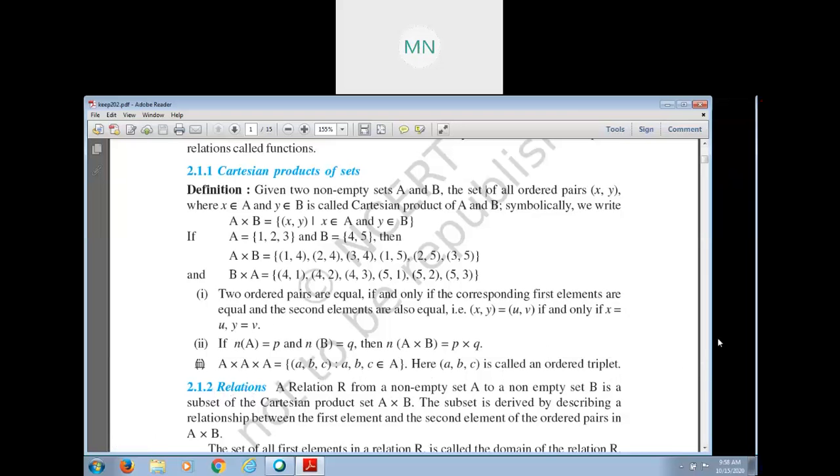And next, tell me about relation. Relation is a subset of the Cartesian product.